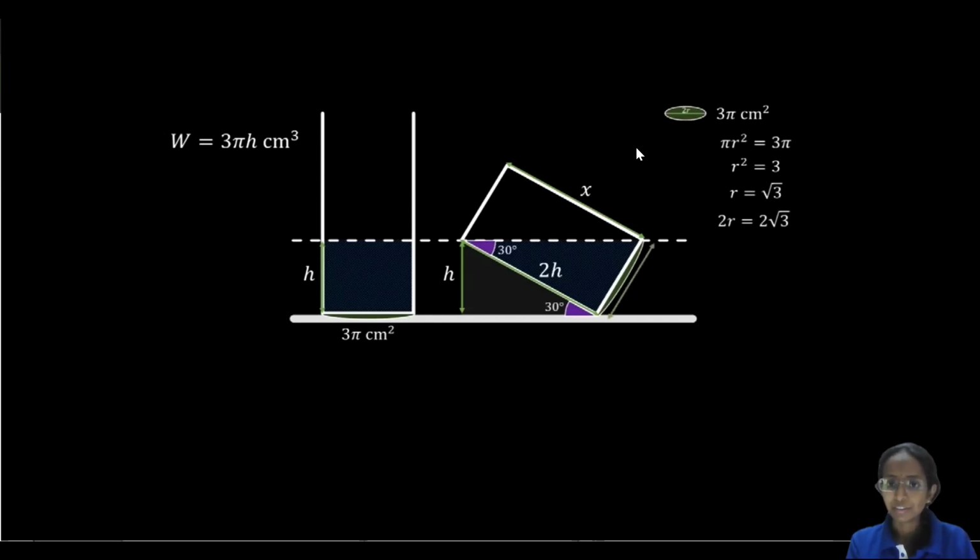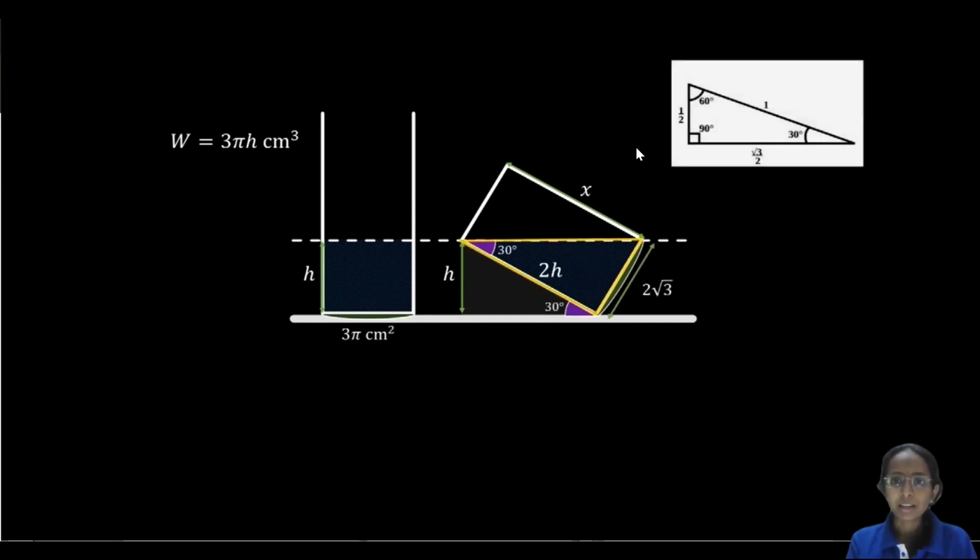So again, we have a right triangle, with one side as 2 root 3, the other as 2h, and the angle is 30. This is again a 30-60 triangle in which the side opposite to 30 degrees is 2 root 3.